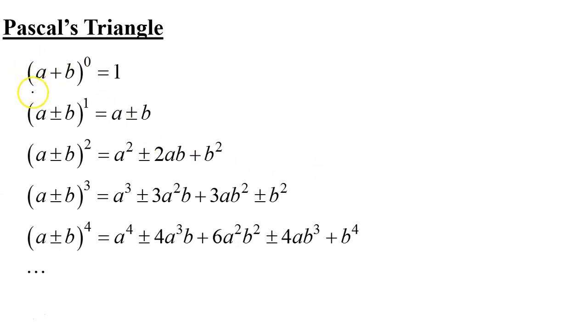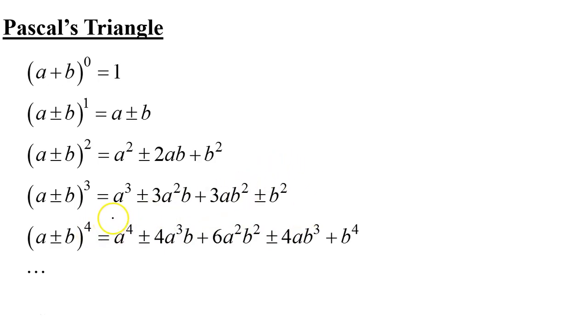So over here we can see the different expansions of (a + b) from an exponent of 0 all the way to the exponent of 4. If we have a plus b, then all the terms would have positive coefficients, a plus for all of them. However, if we have a minus b, then the signs of the terms alternate.